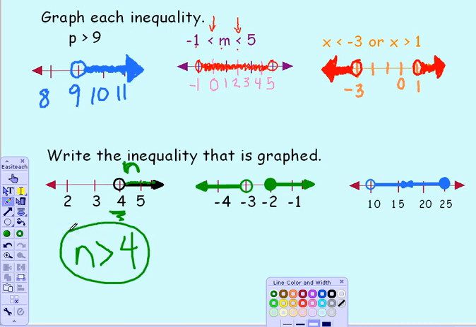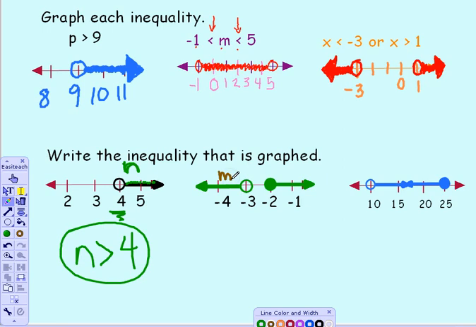In the second example, we've got two numbers graphed here. So here's an example of one of those compound inequalities. With the compound inequality, we're going to have two things that are graphed. So in this first one, we've got, again, our variable, and maybe this time we want it to be m. So we've got m and -3, and we also have m and -2.